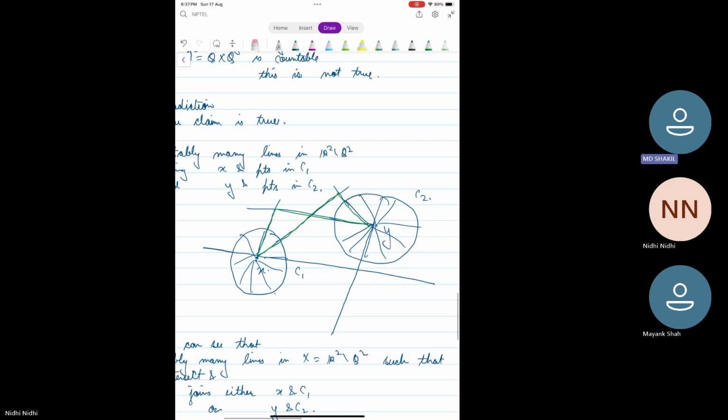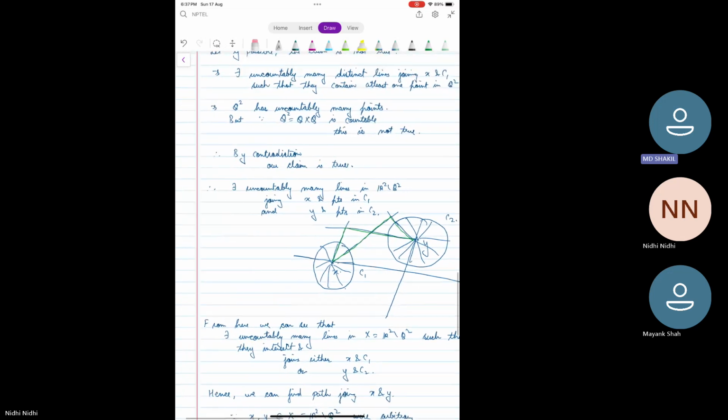And ma'am, how can we show that the extension of that line will surely intersect, that it doesn't contain any point of Q2? So basically, there might be some point here.